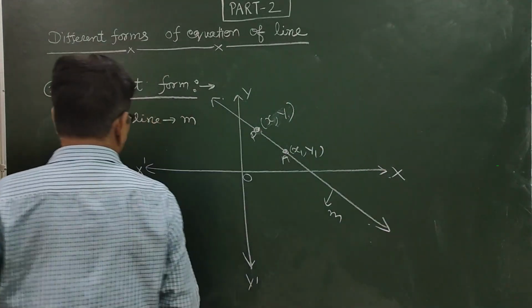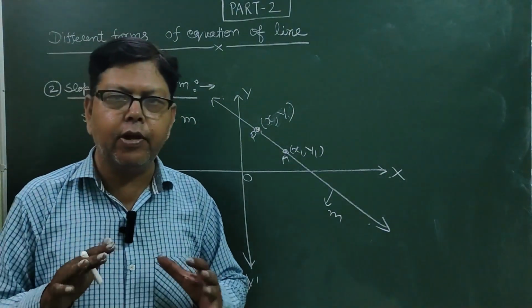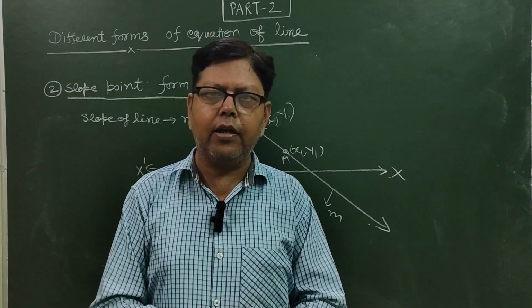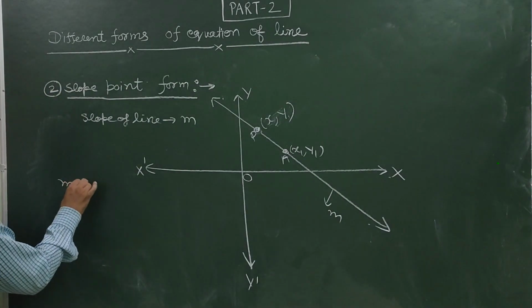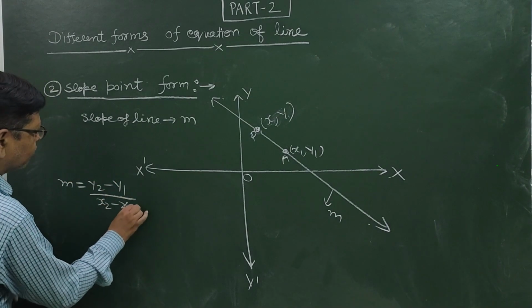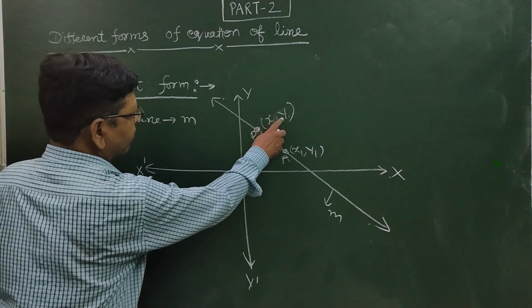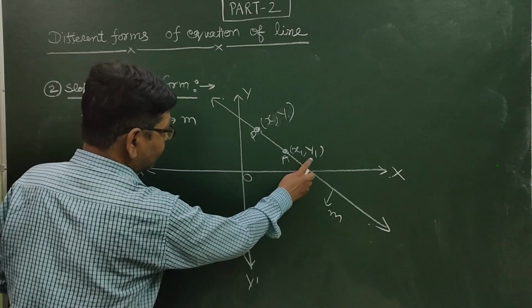Now again using the same concept, how do we find the slope? The slope of a line is equal to the difference of y coordinates divided by the difference of x coordinates. So using that formula, m is equal to y2 minus y1 upon x2 minus x1. Let us consider this as x2, y2 and this as x1, y1.